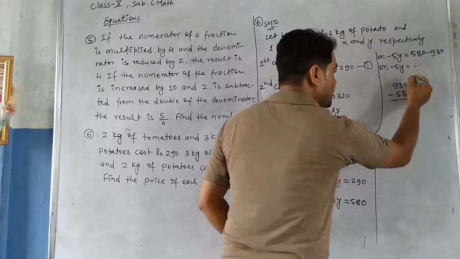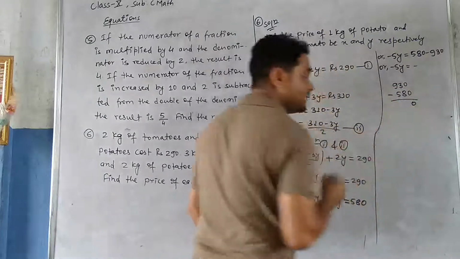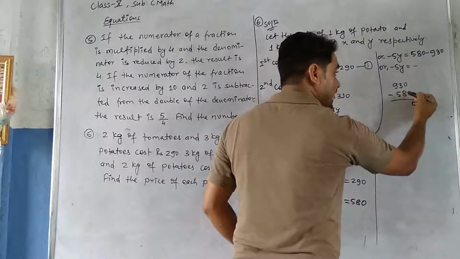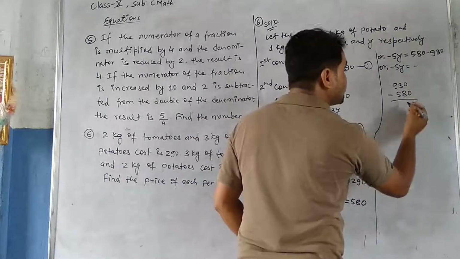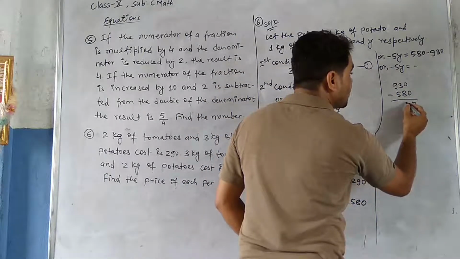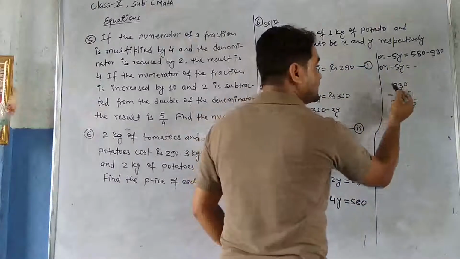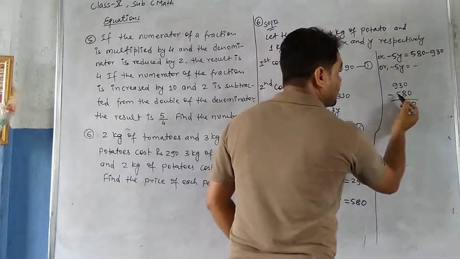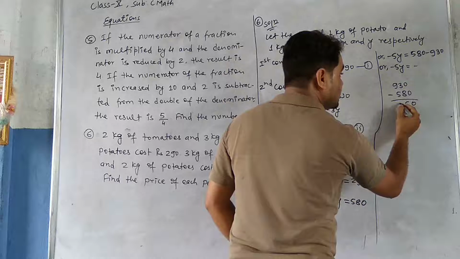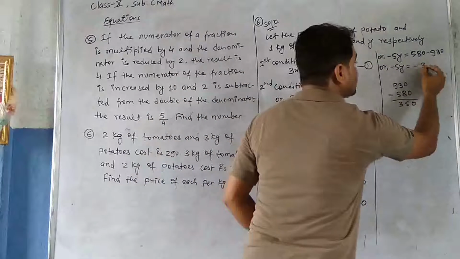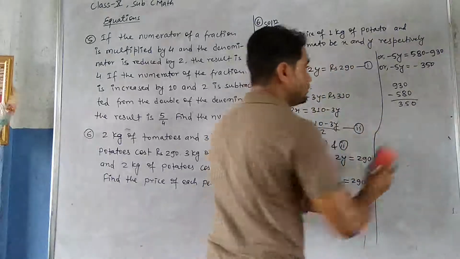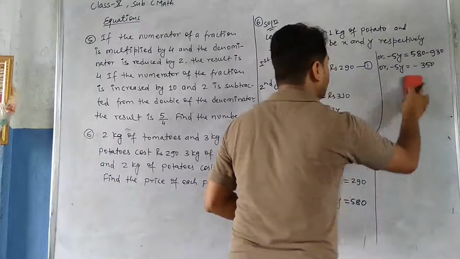Yes, when we subtract this, 0, 0, we get 0, and here it is 3 and 8, so it takes the carry, it becomes 13. 30 minus 8 means what? We get 5, and 8 remains, 8 minus 5 we get what? 3. That is 350. So minus 350 we get this. Yes, I have done it in rough.